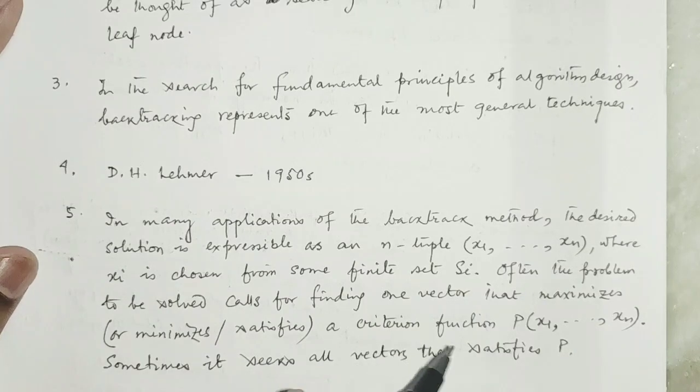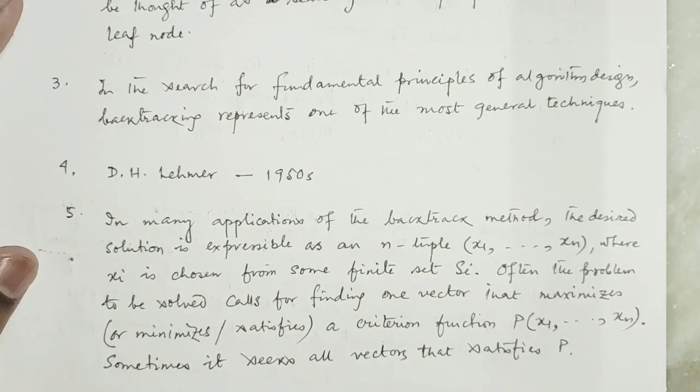So in that case also there should be some criterion function. For example, if you are dealing with a graph coloring problem, you have to color the vertices of the graph in such a way that no two adjacent vertices have the same color.